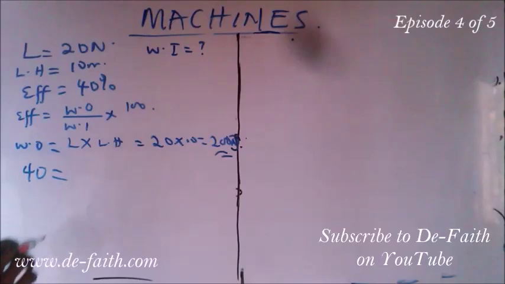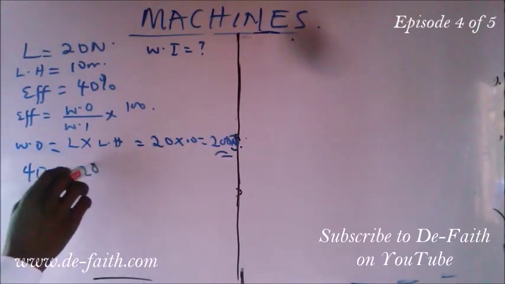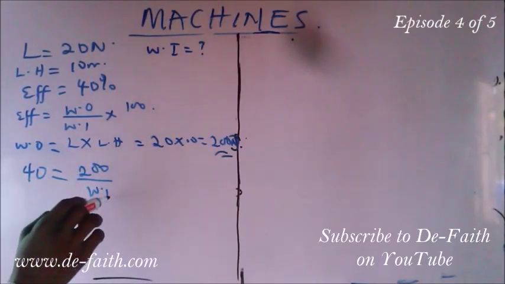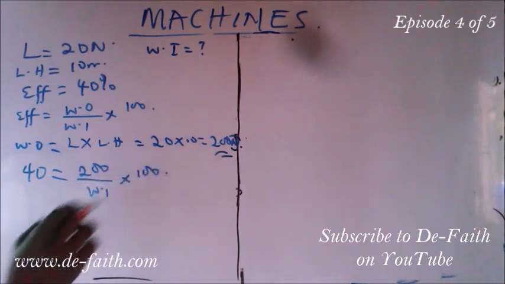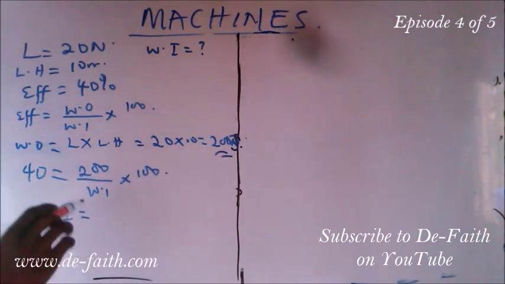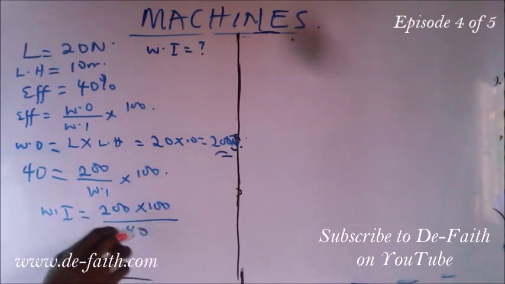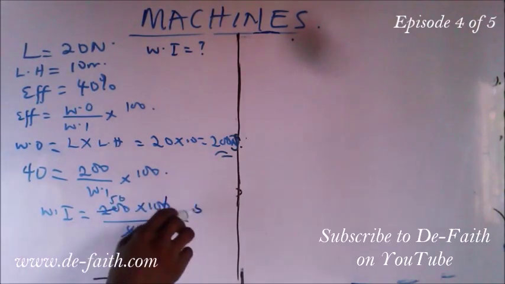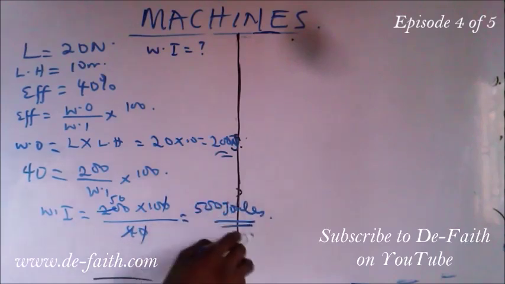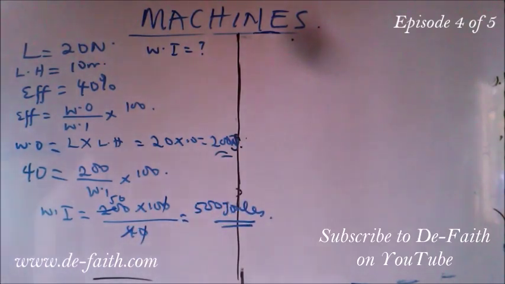Efficiency is 40%. The work output is 200 over the work input times 100. Making work input the subject of this question, we have 200 times 100 over 40, and that will give 500 joules. So here is the work input or the work that is done.